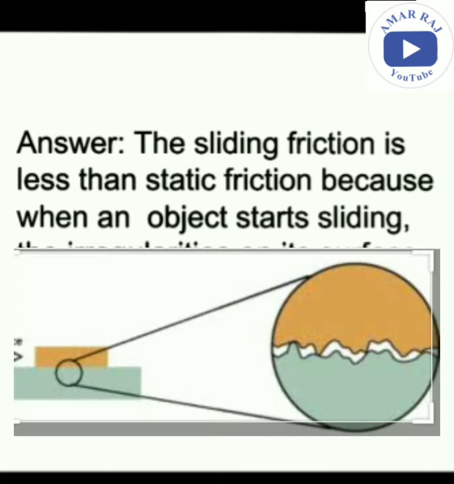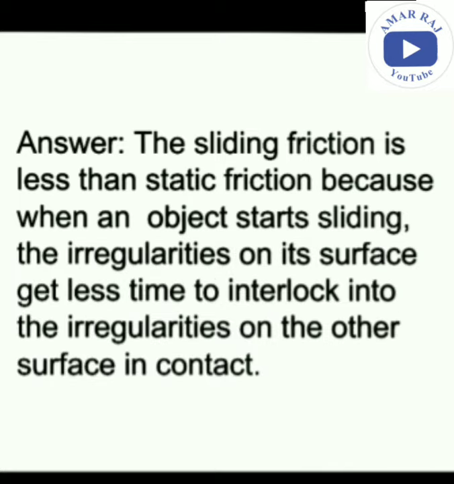Students, these irregularities between contact surfaces are the main cause of friction, the main cause of roughness, which we have studied earlier in the cause of friction. And irregularities get less time to interlock into each other if the object is already in sliding motion, already sliding over the other surface.